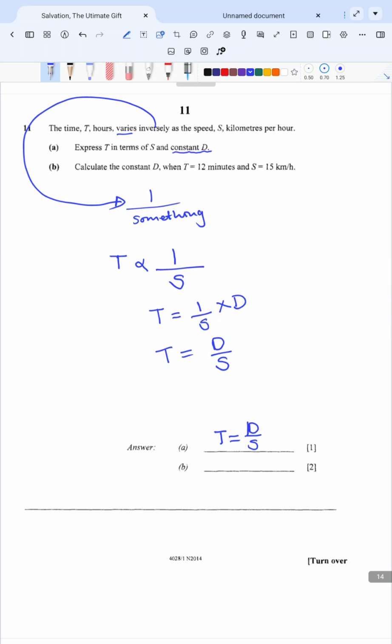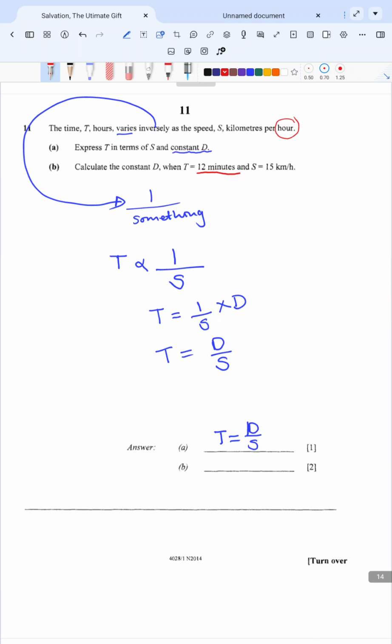Calculate the constant d when t is equals to 12 minutes. Here comes the danger part of the question. The question is giving you t in minutes, yet the introduction of the question is specific that s is representing kilometers per hour. It means according to this question, time is being expressed in hours and not in minutes.